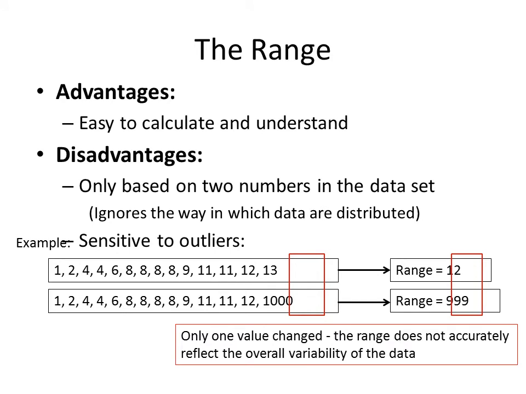The major disadvantage of range as a measure is that it can be affected by unusually large and unusually small values, or outliers, because it is based on only two numbers, the highest value and the lowest value. The only advantage of the range is that it's easy to calculate.